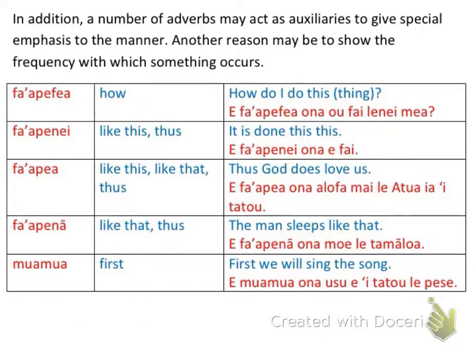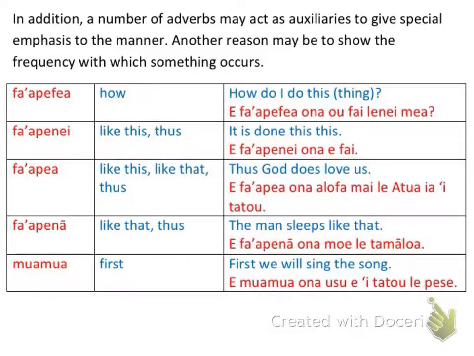Okay, so that's one thing that you're going to have to memorize. Then there's also some adverbs, like I was talking before, that you're going to have to memorize. So these are also some adverbs that can act as auxiliaries, and these give special emphasis to the manner, or they can show the frequency of something that occurs. Okay, so these are things like how, like this, thus.